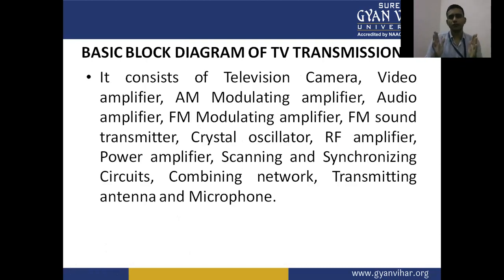It consists of the television camera, video amplifier, amplitude modulating amplifier, audio amplifier, FM modulating amplifier, FM sound transmitter, crystal oscillator, RF amplifier, power amplifier, scanning and synchronizing circuits, combining network, transmitting antenna, and microphone.